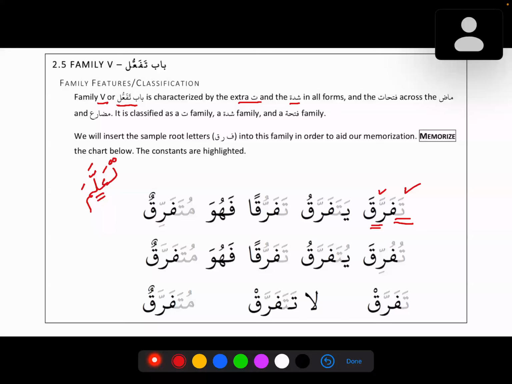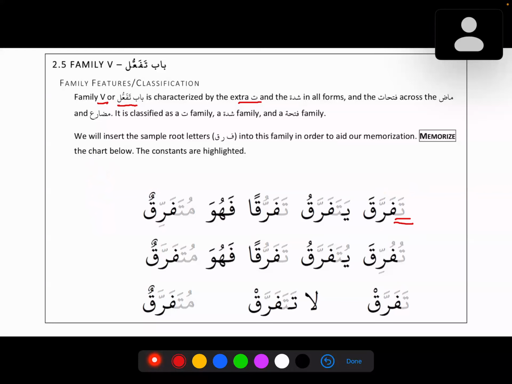If you say ta'allama, now this is this family. So basically they are similar, but what's the difference? There is an extra ta here. Yes, so we need to remember that.